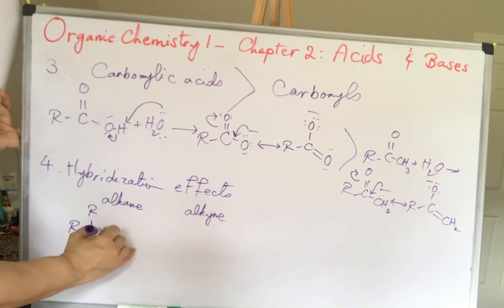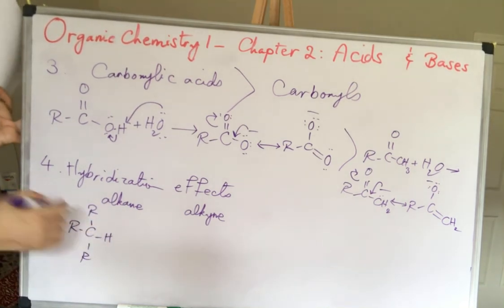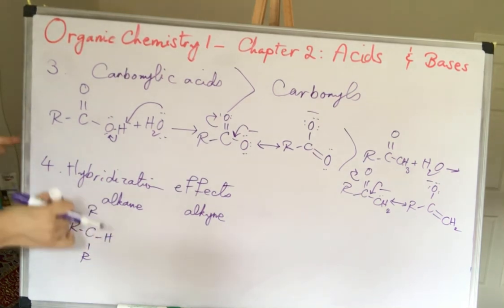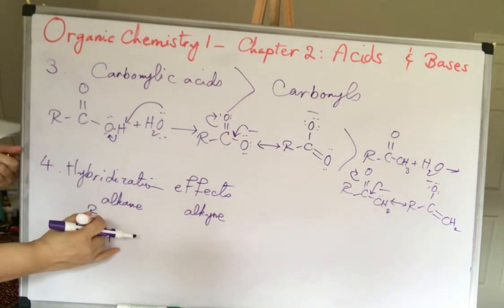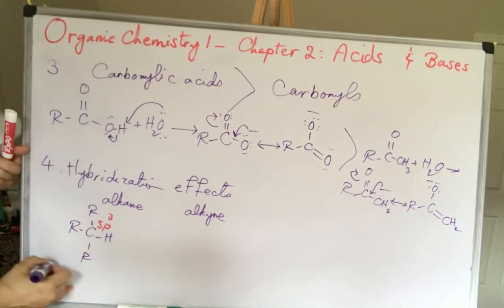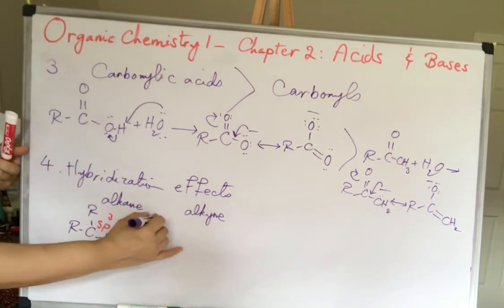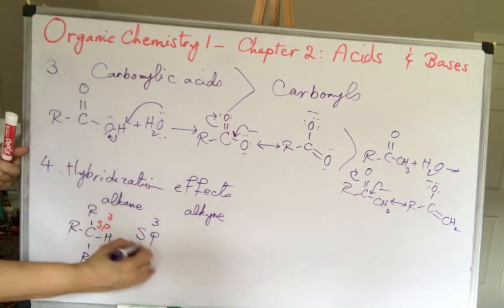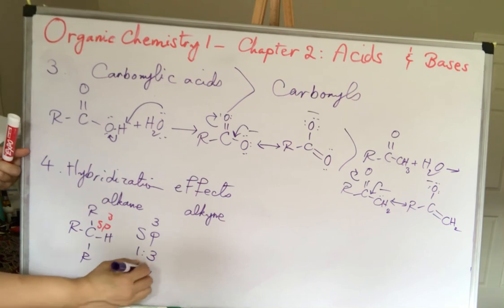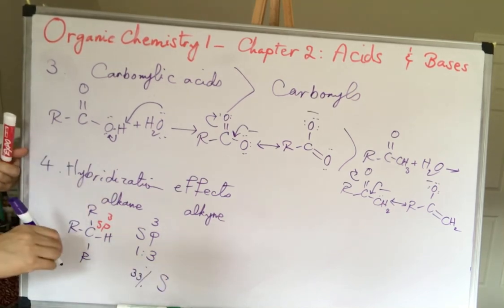For an alkane, the hybridization on carbon is what? You have 4 groups, all of them sigma bonds, so the hybridization is sp3. So the share of S compared to P is 1 to 3, so it's only about 25% S, right?